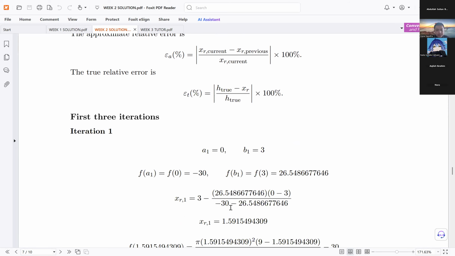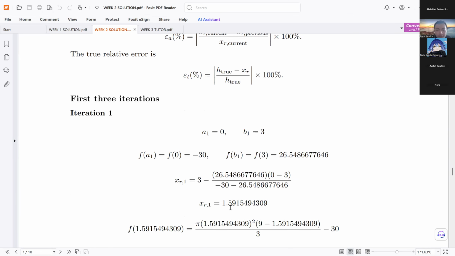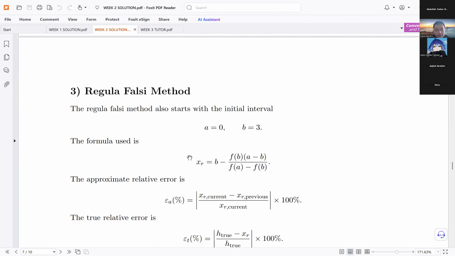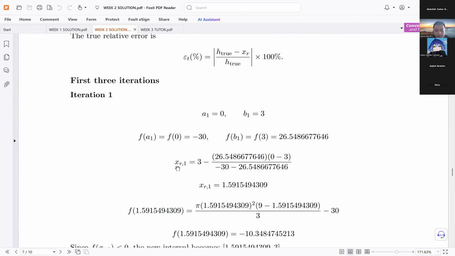And the first iteration is like that, 0 until 3, and we compute F0 and F3, and I don't know the name for this, I just call it the regula falsi point.